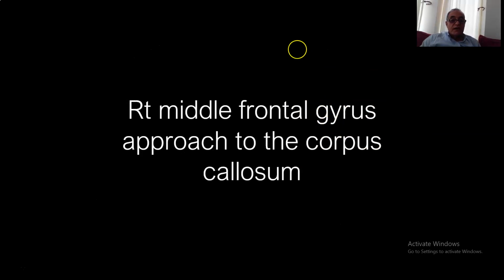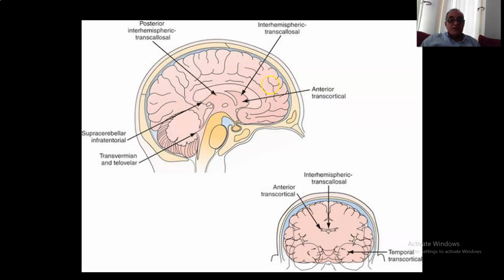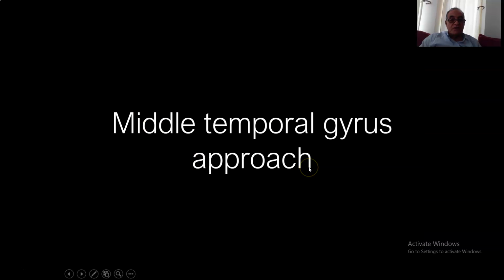The right middle frontal gyrus also has an important surgical importance. It is one of the approaches to the corpus callosum, what we call the anterior transcortical approach. The middle frontal gyrus is a relatively safe gyrus, not the inferior, because it carries Broca's area. From the non-dominant hemisphere, you can reach the lateral ventricle.